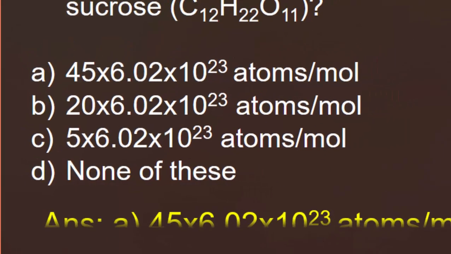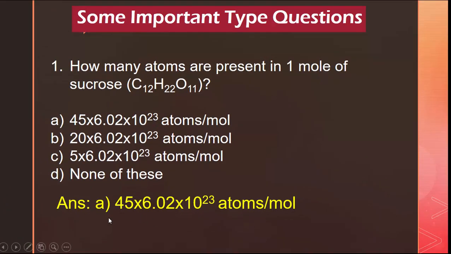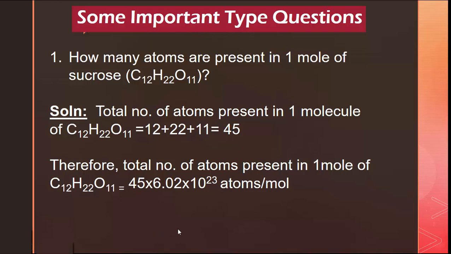Now let's see which is the answer for this. Answer is 45 into 6.02 into 10 to the power 23 atoms per mole, which happens to be our option A. Now let us see why this option is the correct answer. Here in 1 molecule of sucrose, first let us calculate the number of atoms present by adding all of these atoms.